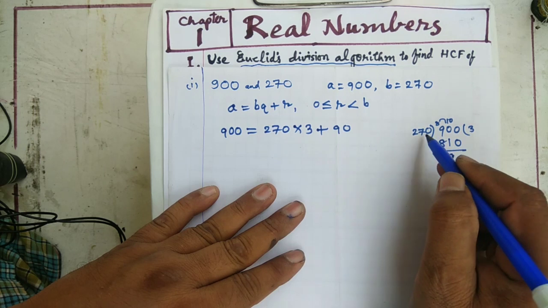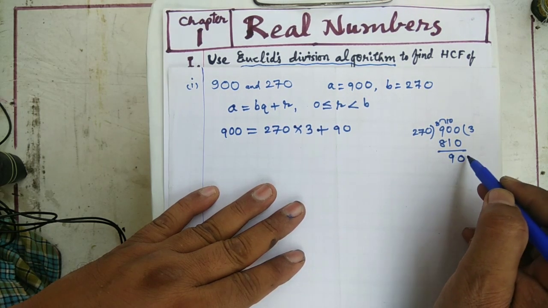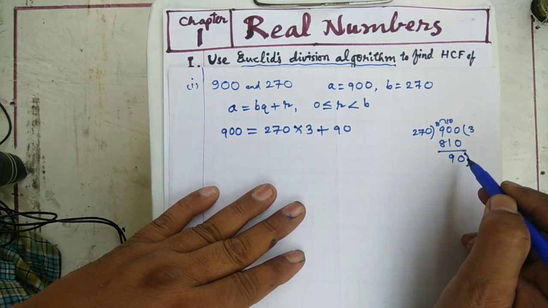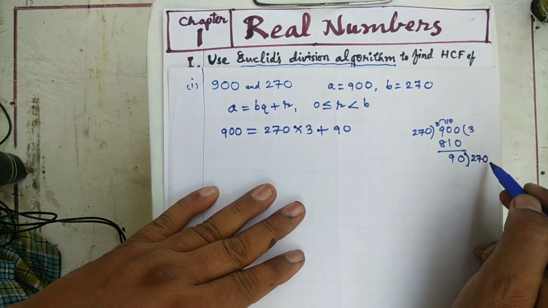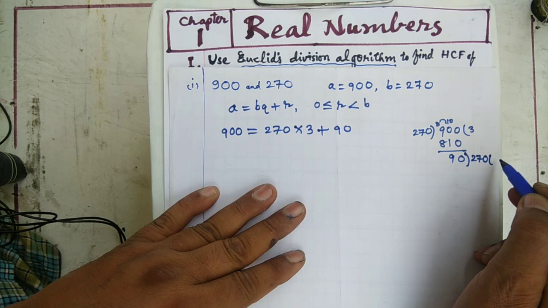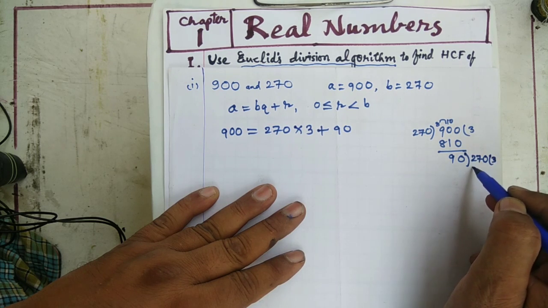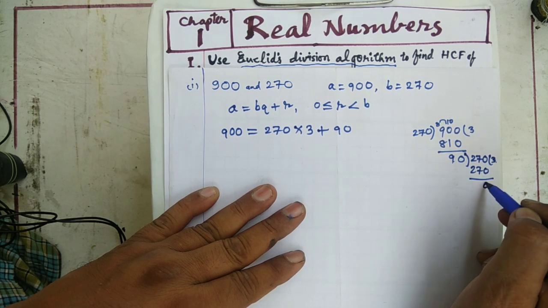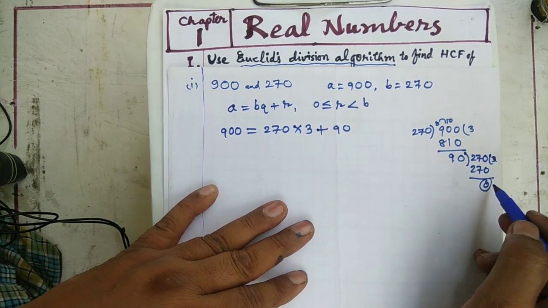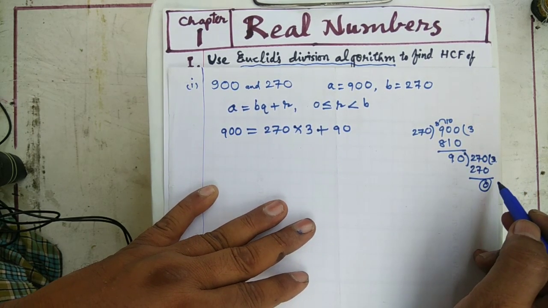Next, taking this 270 as dividend and 90 as divisor, we have to divide. 90 times 3 is 270, so 0 as remainder.